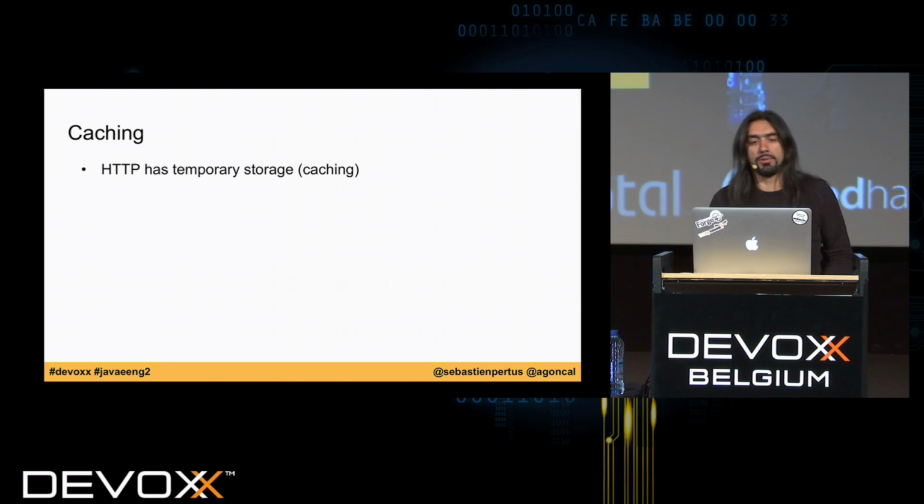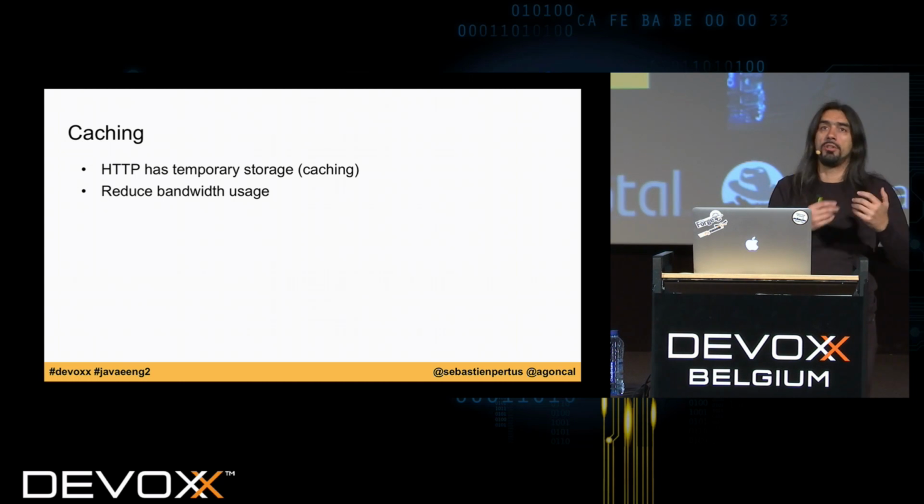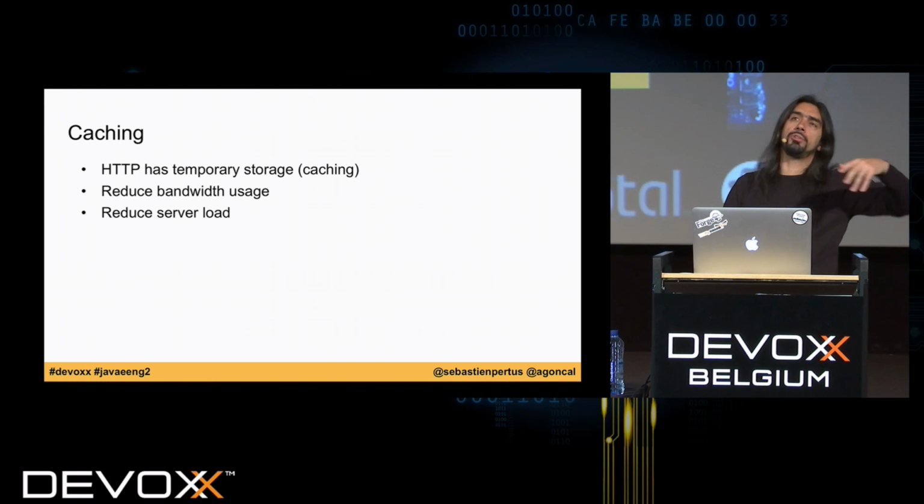HTTP is very good at caching. There's cache control since day one in HTTP. The idea is always to reduce bandwidth. Think again of your phone in the tube with low connection, and also to reduce the server load.